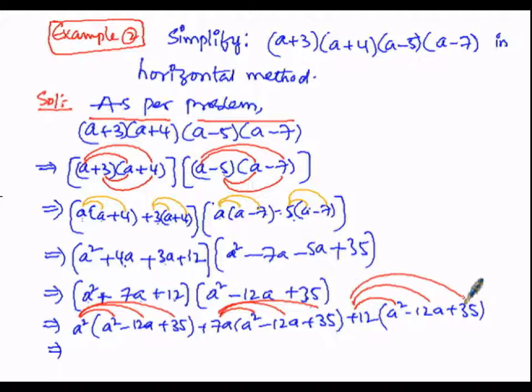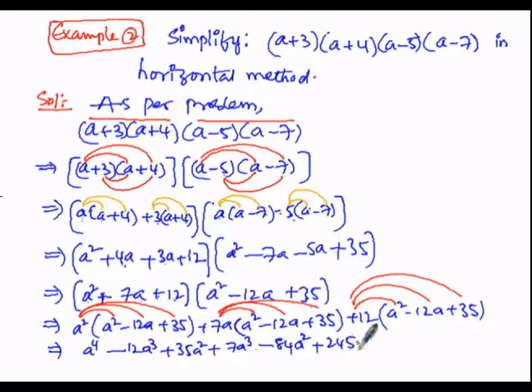In this manner we get, a square into a square as a power 4, minus 12 into a square as 12a cube, plus 35 into a square as 35a square, plus 7a into a square as 7a cube, a to the power of 2 and a to the power of 1, 2 plus 1 is 3, plus into minus is minus, 12 7s are 84, a into a is a square, then plus into plus is plus, 35 7s are 245, so here only a.